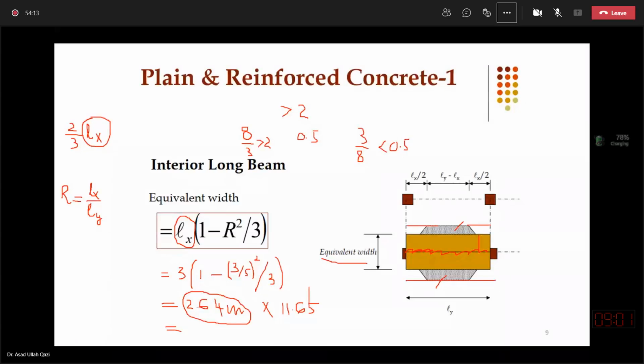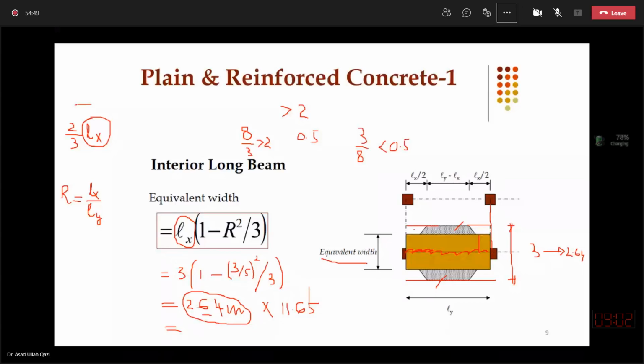In a two-way slab, since the load distribution is two-way, we dropped the equivalent width from 3 meters to 2.64 meters. Some load will be transferred to the short beam, which we have estimated as 2 by 3 Lx.